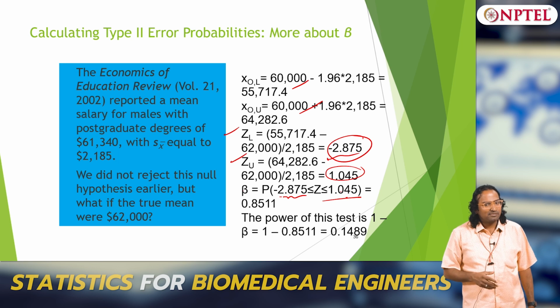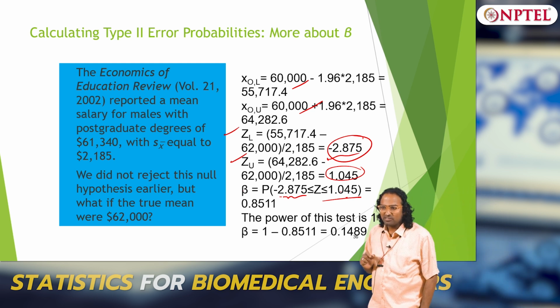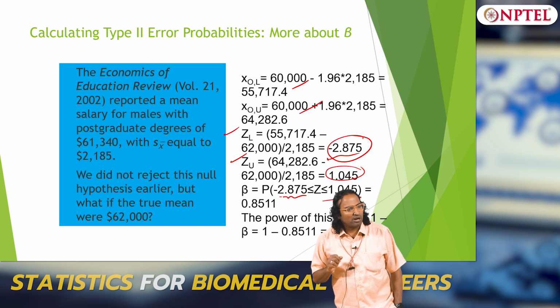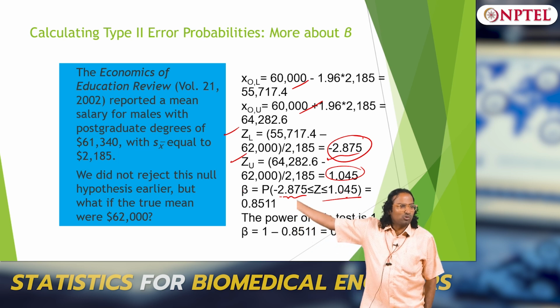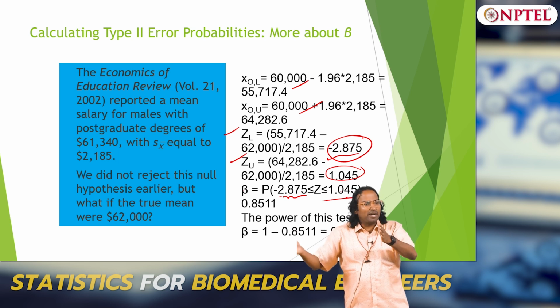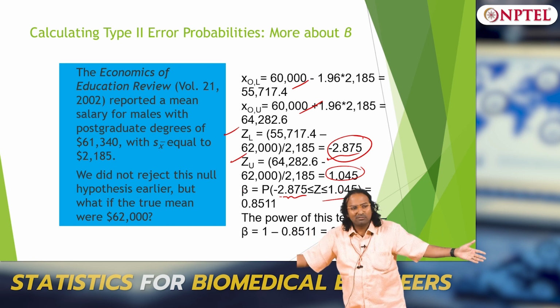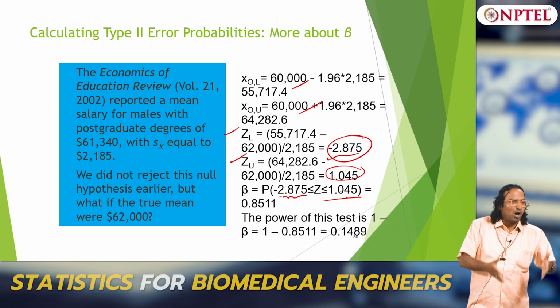Why is there an overlap? The original is $60,000, your alternate is $62,000. The key is not the $2,000 as a number, it is sigma. The sigma value itself is 2100, so your mu alternate is not even 1 sigma beyond. So you will obviously make a big beta, because there will obviously be a big overlap.